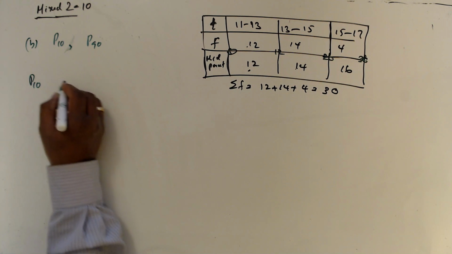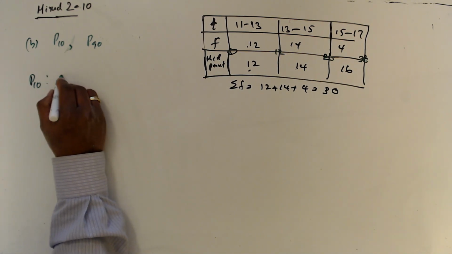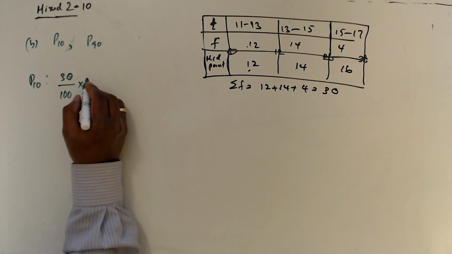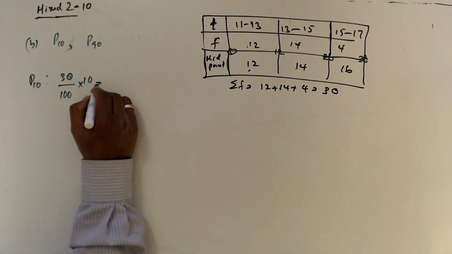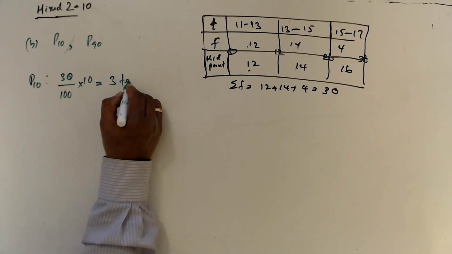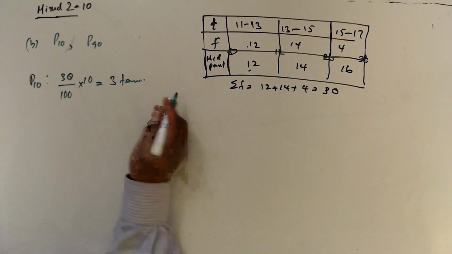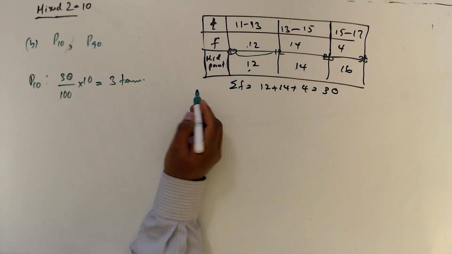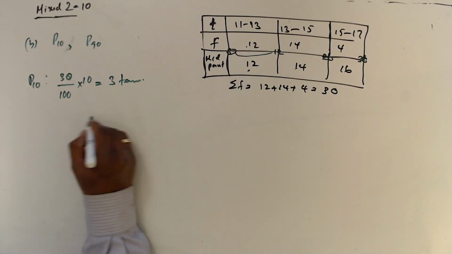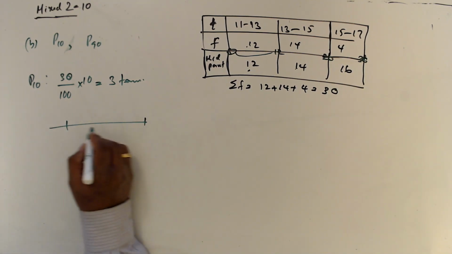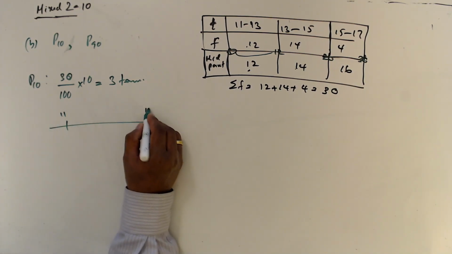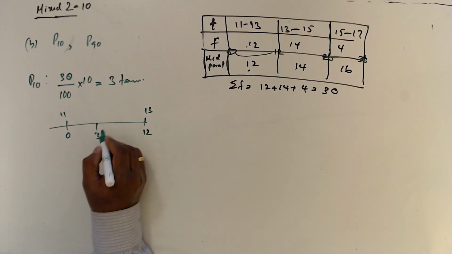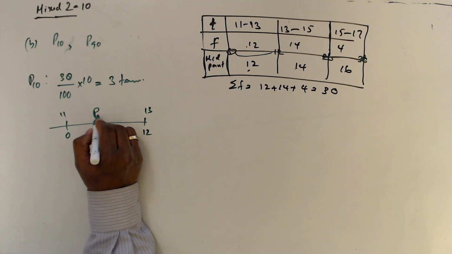So P10, that means total frequency divided by 100 pieces and take 10. It means it's going to be the third term. So the third term is in here, 0 to 12, 11 and 13. I need the third term, that is going to be P10.